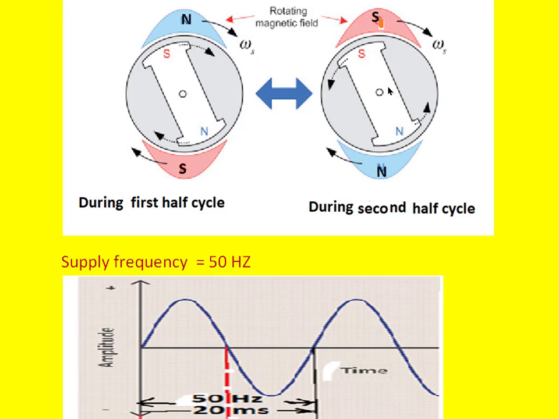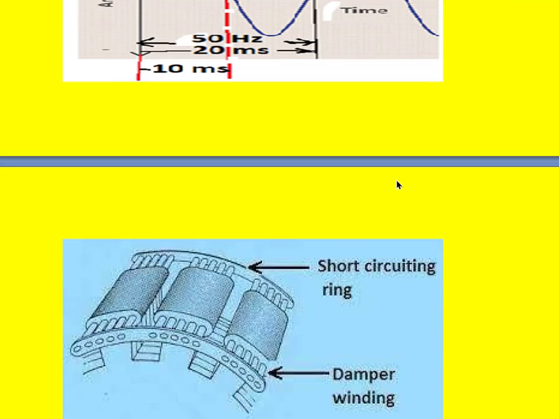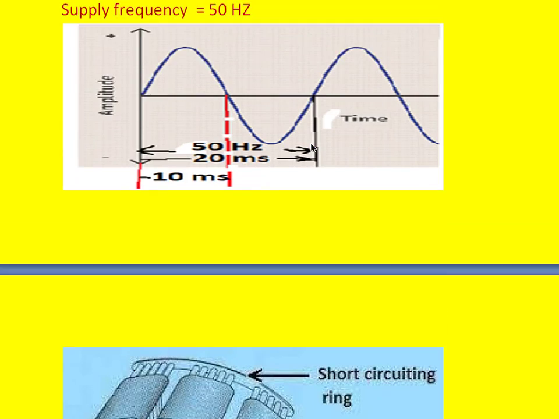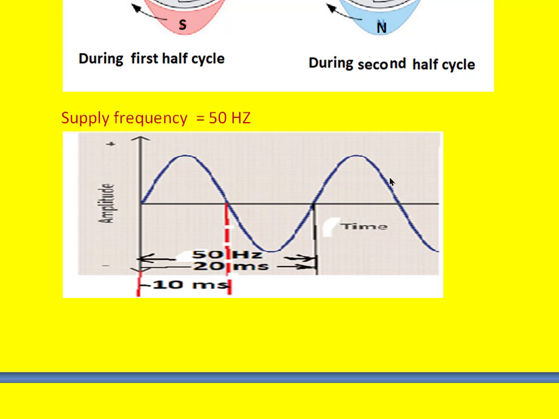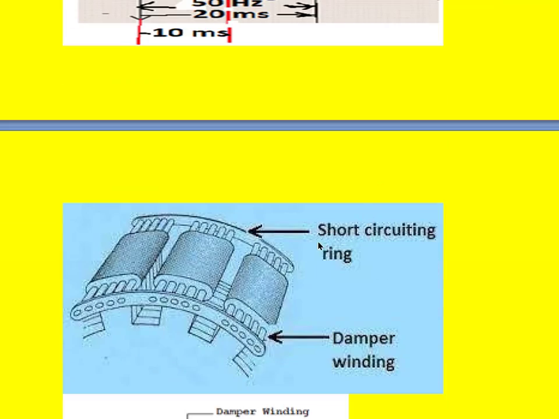So if you want to rotate the synchronous motor, we have to rotate the rotor of the synchronous motor by external means, so that it moves along the stator magnetic field. And to make the synchronous motor self-starting, one method that we use is to introduce what is called the damper winding in the pole shoe of the salient pole rotor.